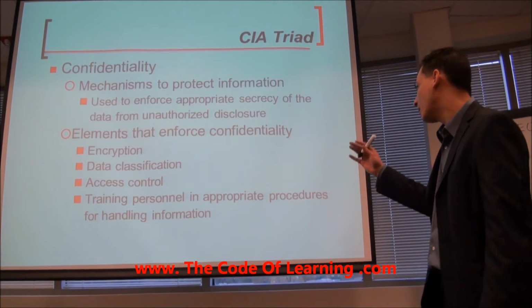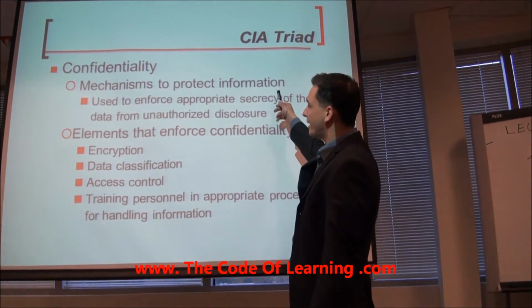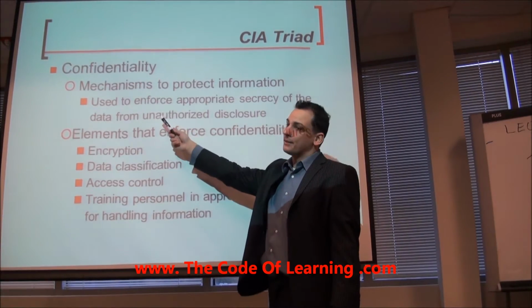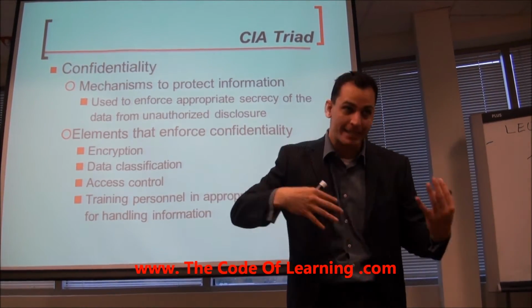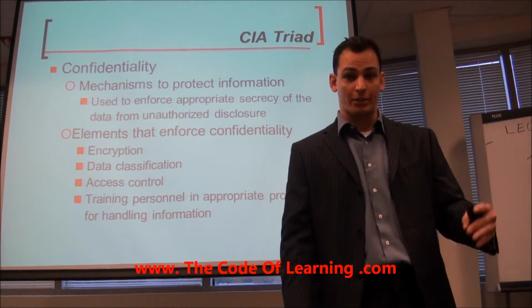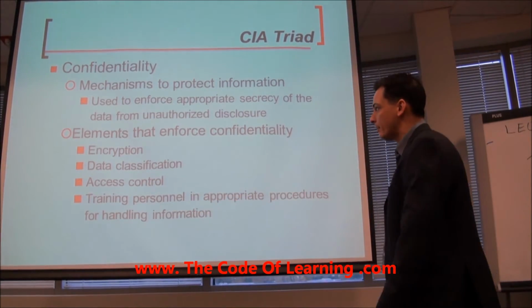So yeah, here's a whole list of keywords here too. Mechanisms to protect information from being disclosed. It should make sense that unauthorized disclosure has to do with actually getting the information to someone, like I accidentally disclosed it, so I told you something I wasn't supposed to tell you. So that speaks to confidentiality.